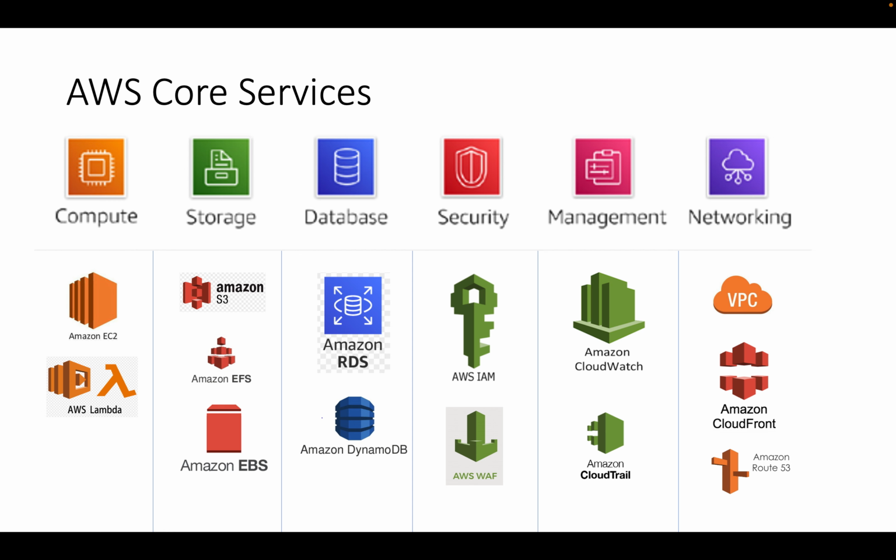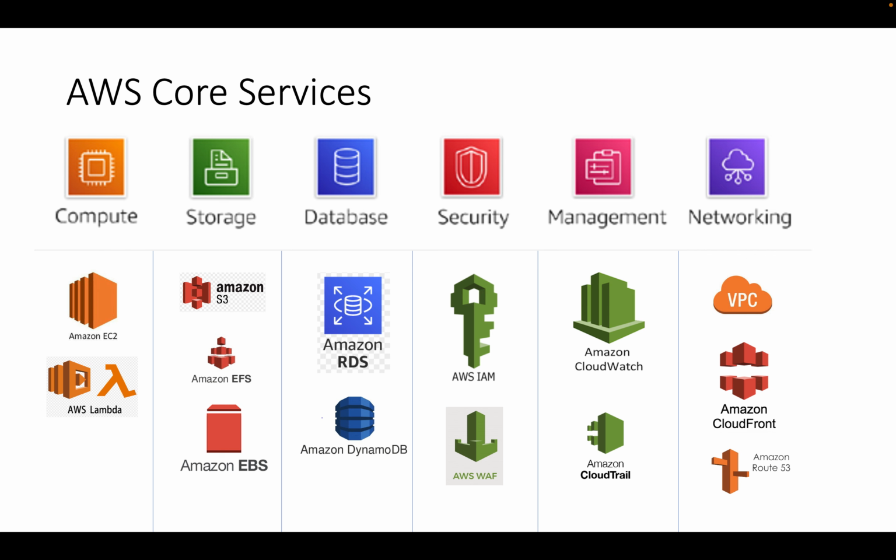In the first item, compute, we cover Amazon EC2 instance, AWS Lambda, and also other compute services. Storage, we will be talking about AWS S3, EFS, and also EBS. Database, we will talk about Amazon RDS and DynamoDB.